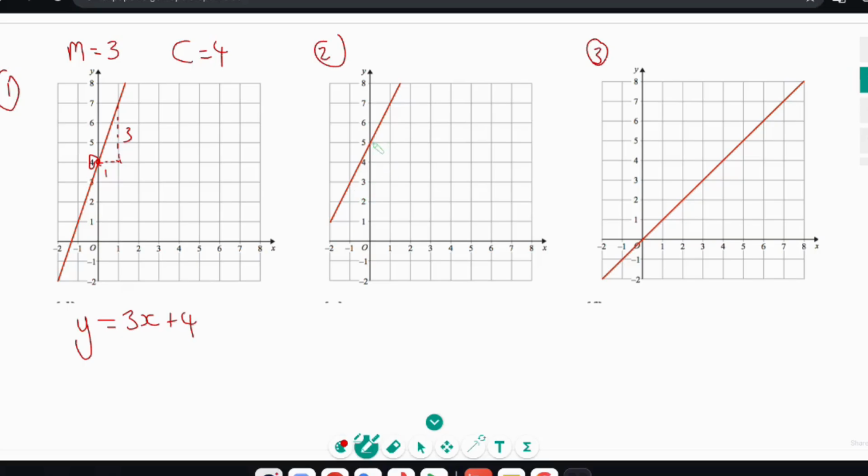Question 2. 2 divided by 1 is 2. So your gradient is 2. Your y-intercept is 5. Y equals 2x plus 5.